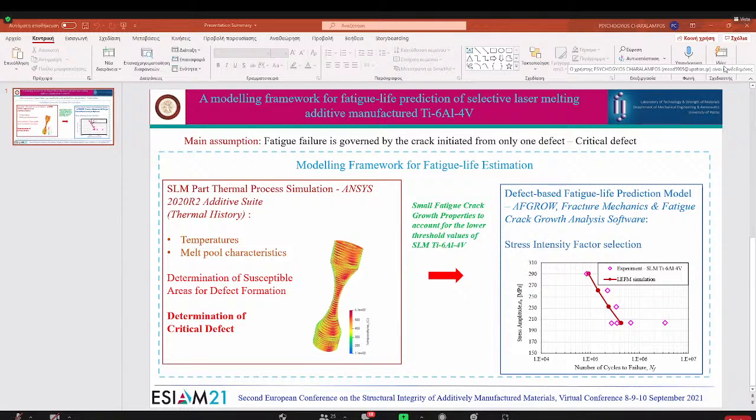So lack of fusion defects were formed in the surface of the cross-section. Okay. So these are the defects from which cracks were initiated. Okay, thank you.